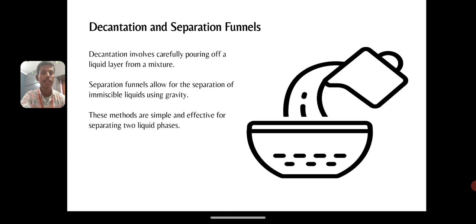Separating funnel. Separating funnels allow for the separation of immiscible liquids using gravity. The heavier liquid settles at the bottom. The mixture is poured into the funnel. By opening the stopcock, the lower layer is drained out. Example: separating oil and water. These are simple gravity based techniques.